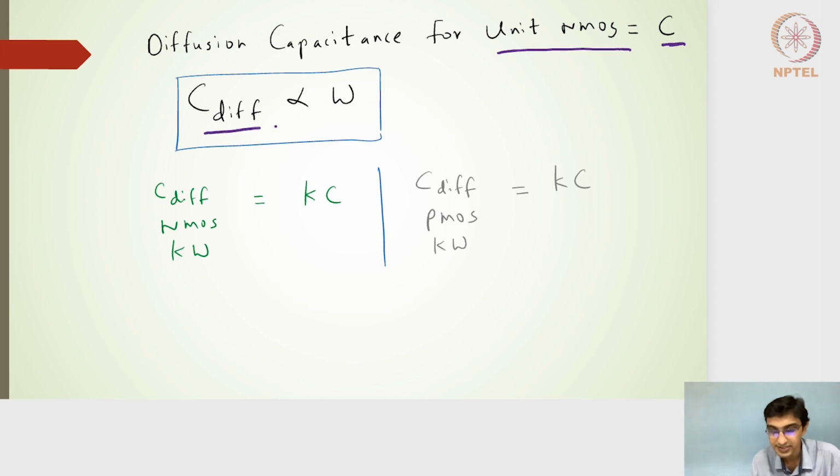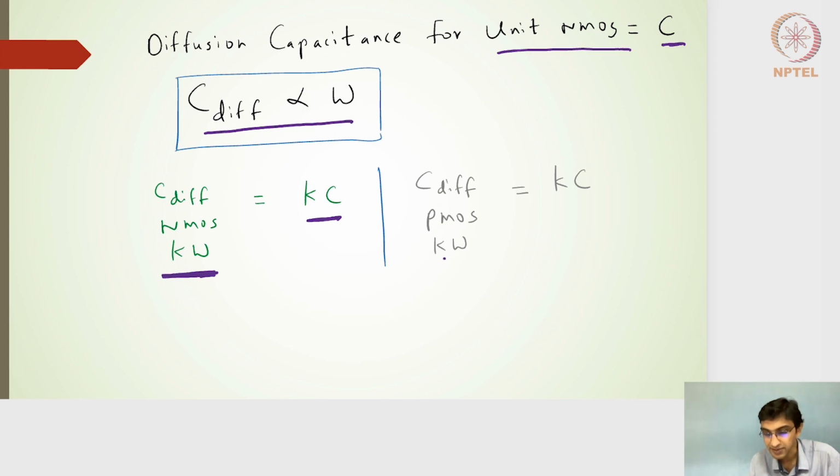The diffusion capacitance is also directly proportional to the W. If you see the diffusion capacitances or the depletion capacitances, if the W increases, the area of the depletion capacitance also increases. So the diffusion capacitance for an NMOS, if it is K times more, I will get K times C, where C is the unit NMOS transistor's gate capacitance or diffusion capacitance value.